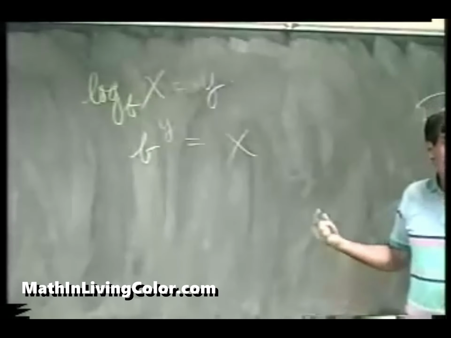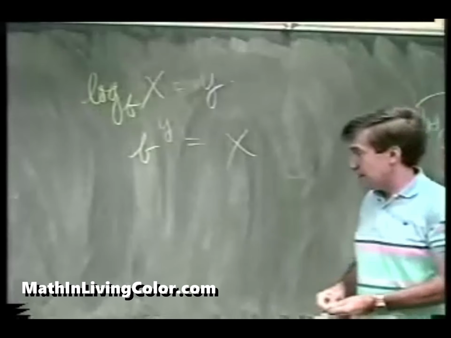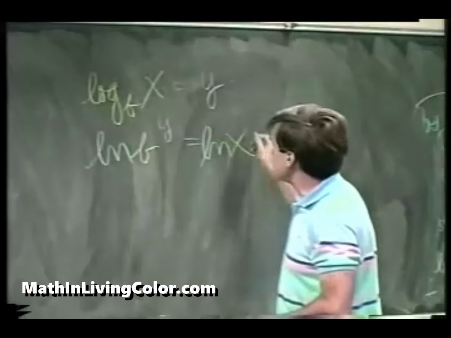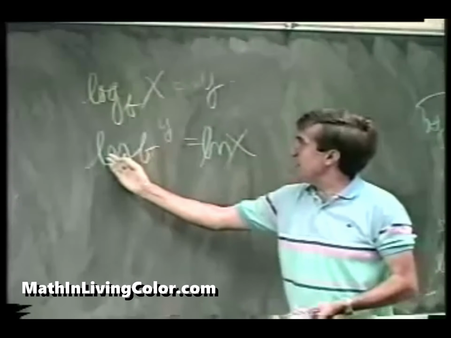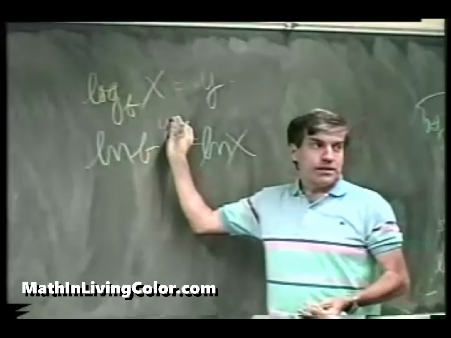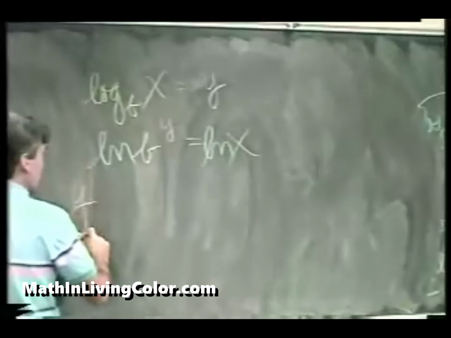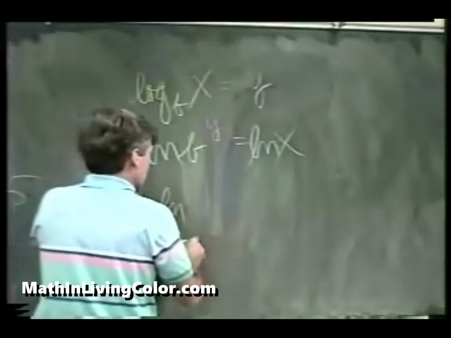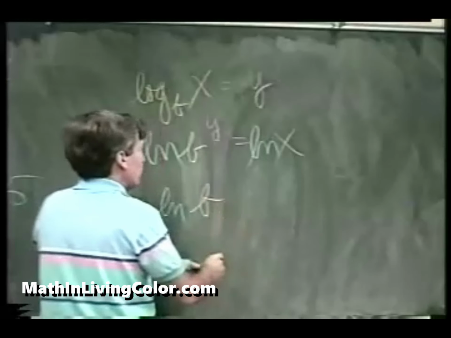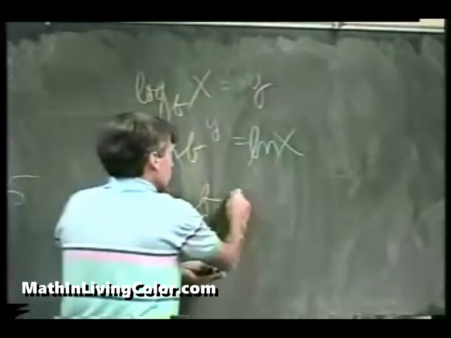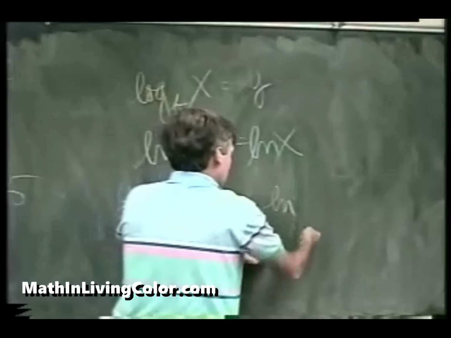And now we take the ln of both sides, so that would be the ln of this and the ln of this. And then ln of b to the y would be y times the ln of b, isn't it? And that y times the ln of b equals the ln of x.